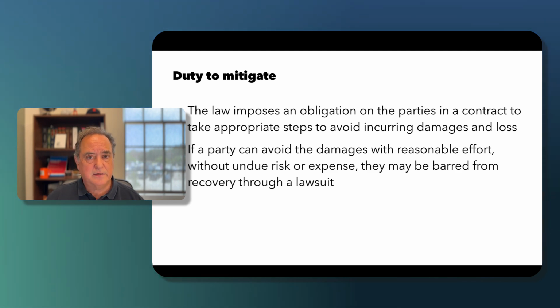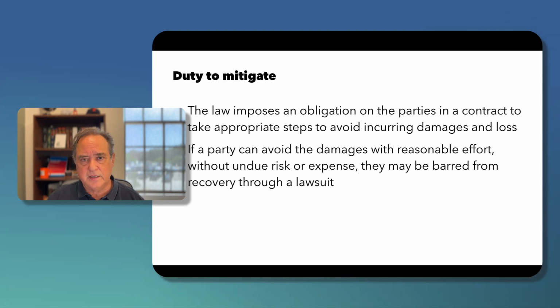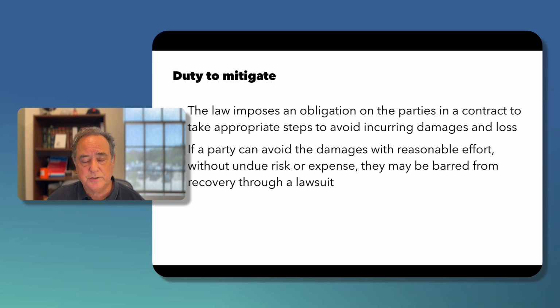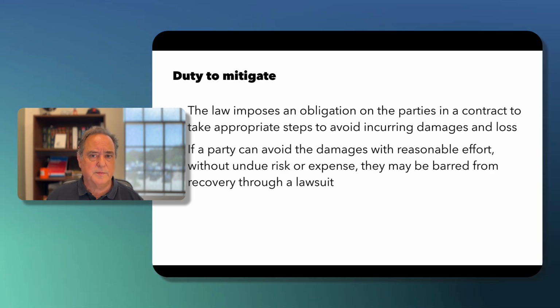On the other hand, when the seller breaches, meaning they have failed to deliver the goods, then the buyer has a duty to go out and find substitute goods, to purchase substitute goods. They are under the obligation to do so, and if they do so, then their damage award is going to be the difference between the contract price and the market price, the price they actually paid.